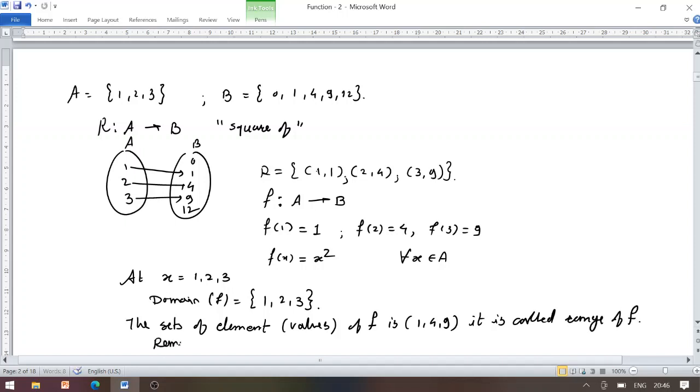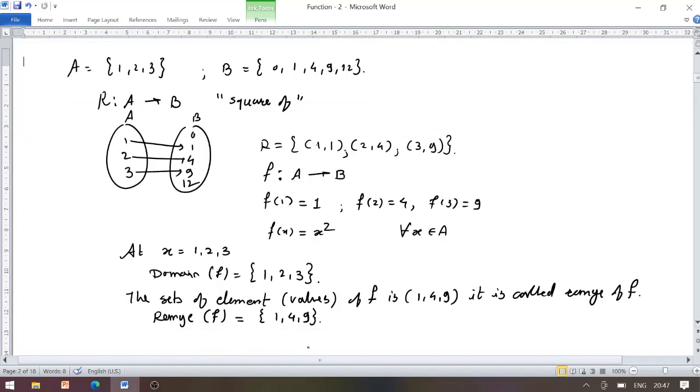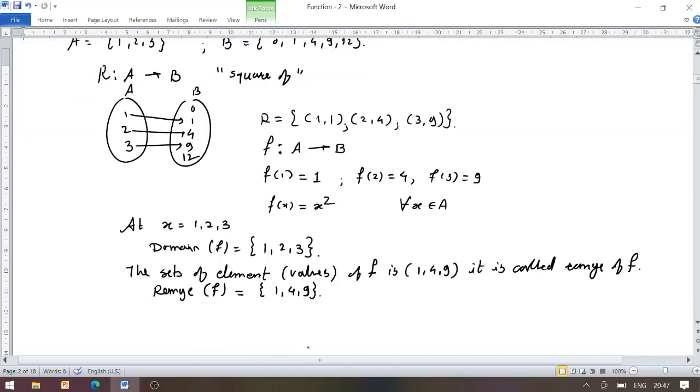So the range of f in short is given by 1, 4, 9. So we discussed the domain and range of the given function. It is a square function, that means f of x equals x squared.